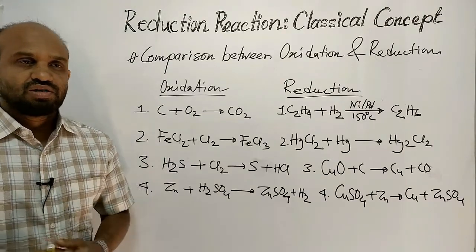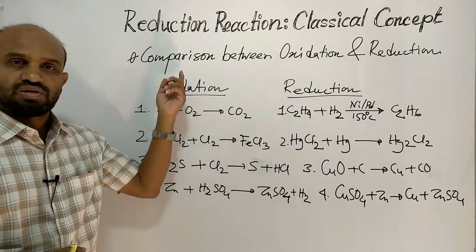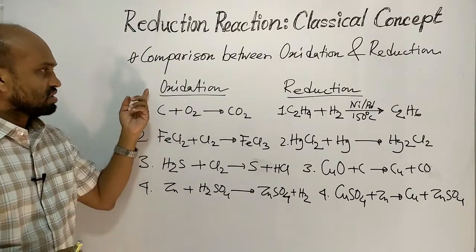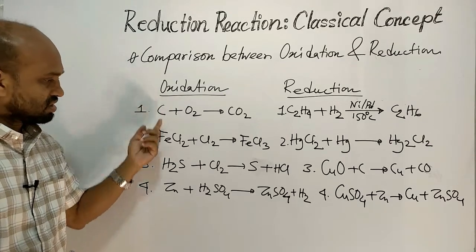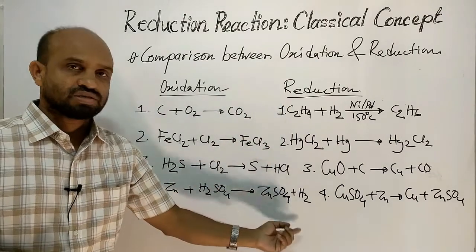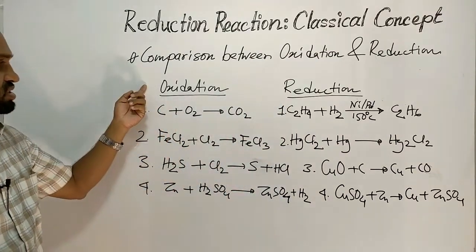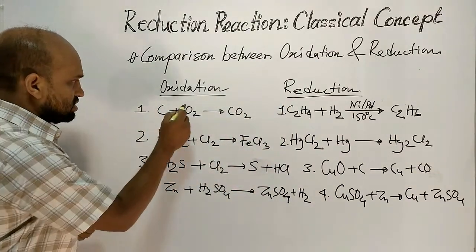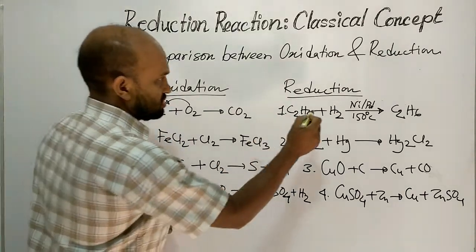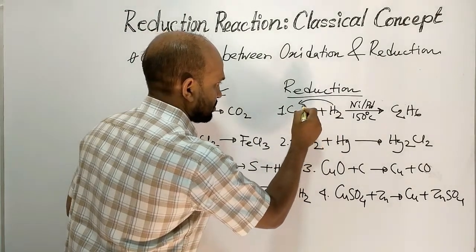Now the point is comparison between oxidation and reduction. Here in oxidation there are some reactions, and in reduction there are some reactions. Oxidation is addition of oxygen, and reduction is addition of hydrogen.